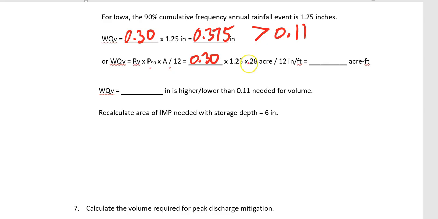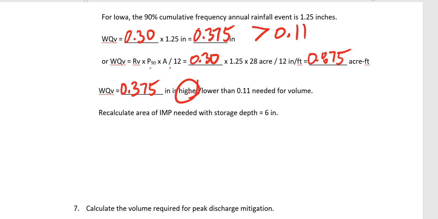That gives me acre-inches, divide that by 12, and that gives me 0.875 acre feet. So again, the water quality volume, 0.375 inches, is higher than the 0.11 needed for volume. So we need to go with the water quality volume to calculate our IMP area.